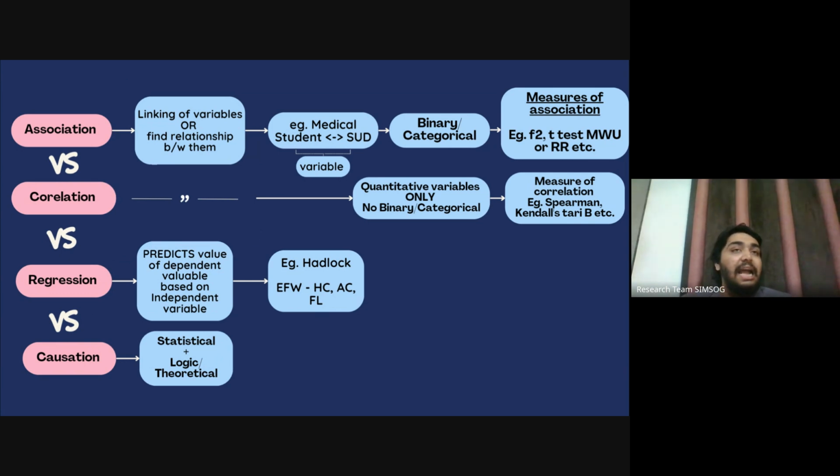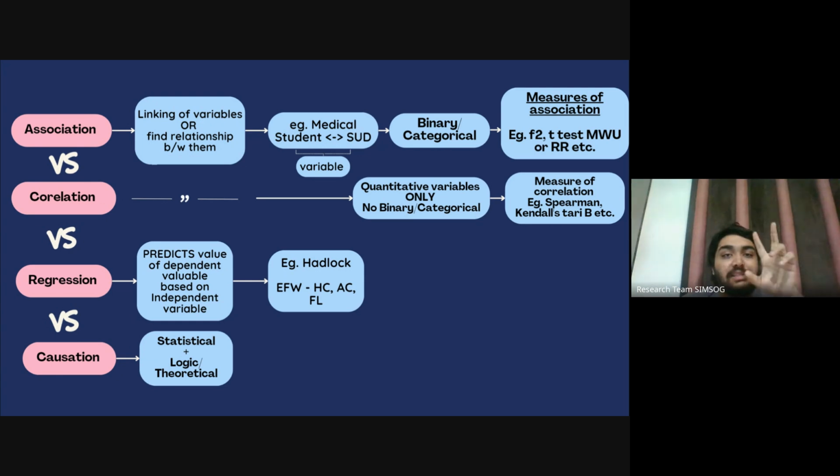If I do research, I can probably tell that smoking is associated with preterm labor. But if I want to say that smoking causes preterm labor, there are a number of things which should also be present, the more the better, to tell that this one thing causes the other.